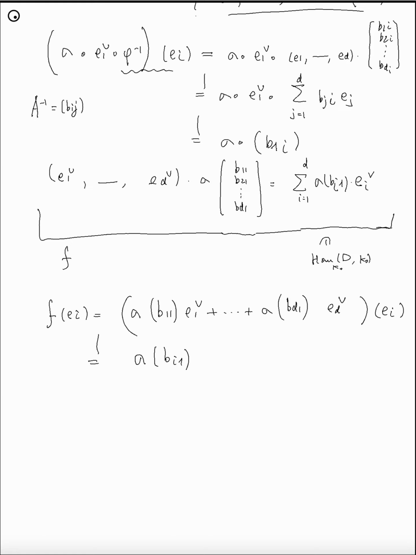What is phi inverse of EI? Phi inverse of EI is the ith column of this, so we pick out the ith column.